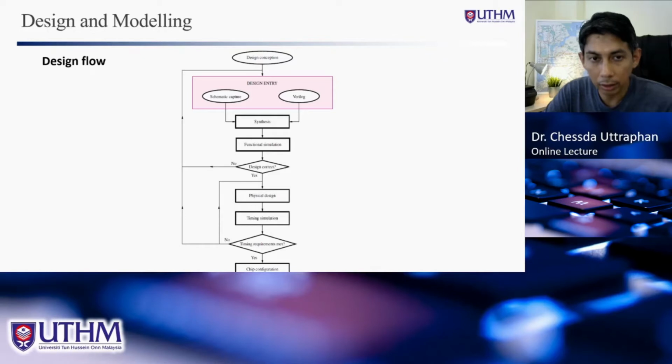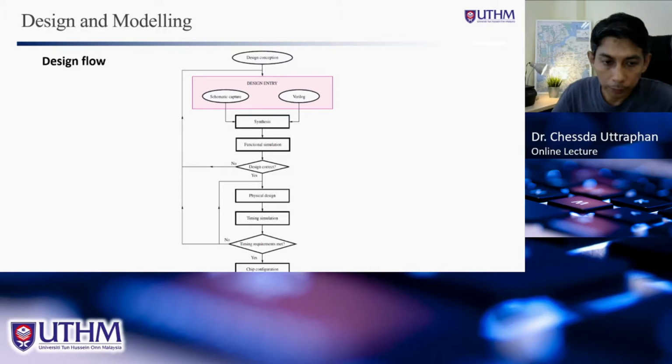Those FPGAs have different properties and characteristics. Some of the FPGAs are good and fast, and some of the FPGAs are slower. When we select the hardware that we want to use, the FPGA, we call it physical design.